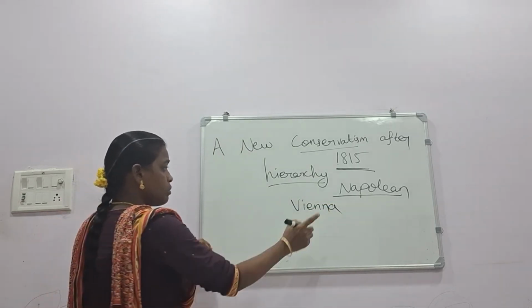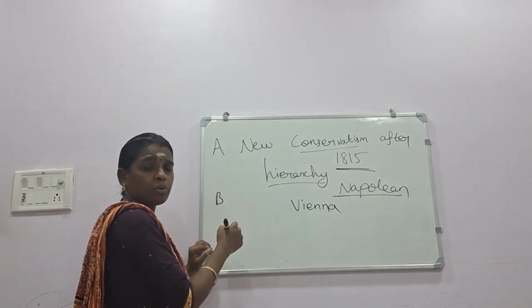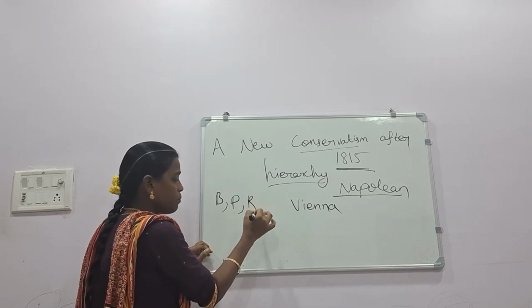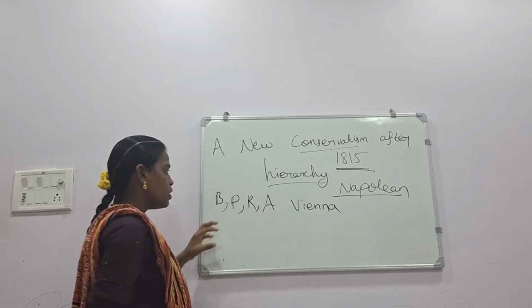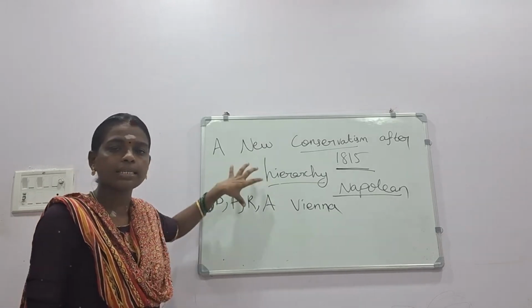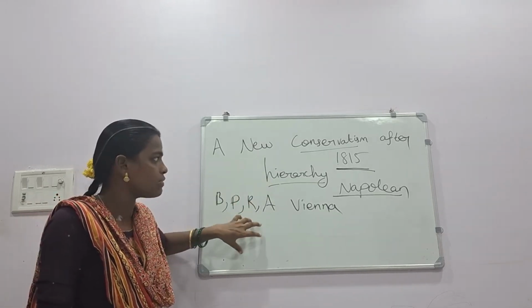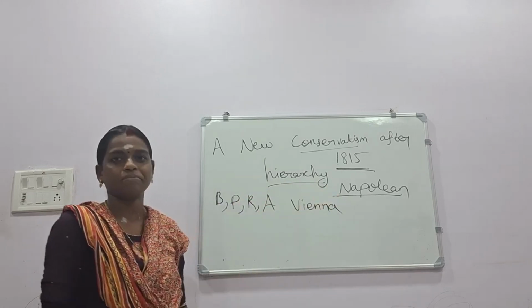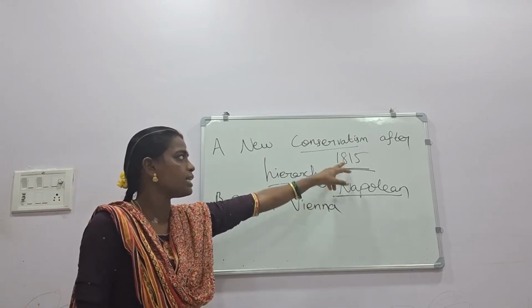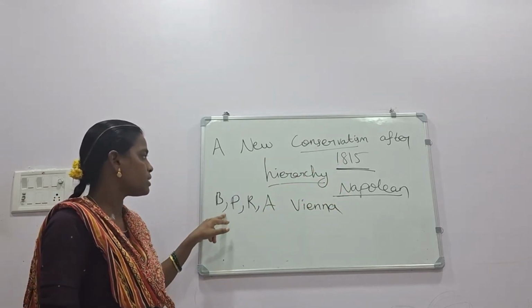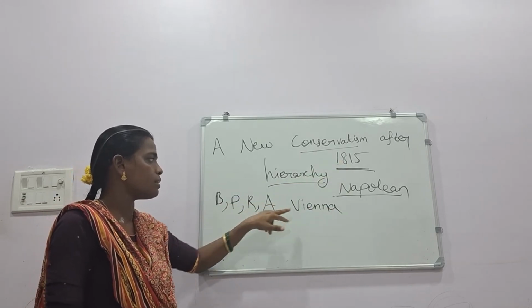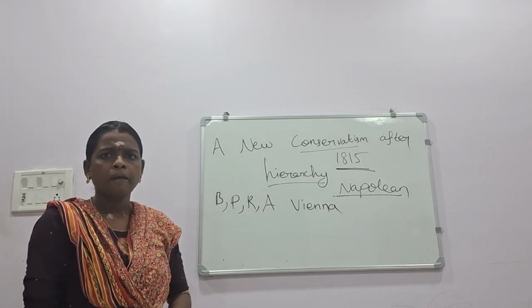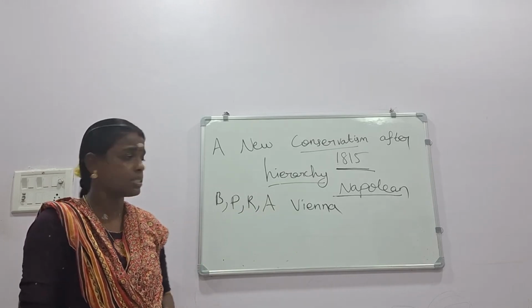In short, I am going to write Britain, Prussia, Russia and Austria. So these countries joined together, fought with Napoleon and defeated him in 1815 at the place of Vienna. And the next thing will be, the Congress was convened.